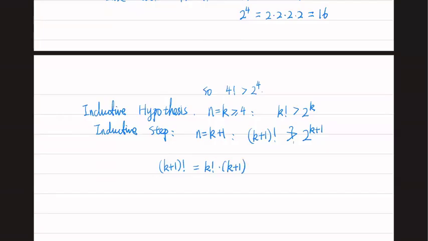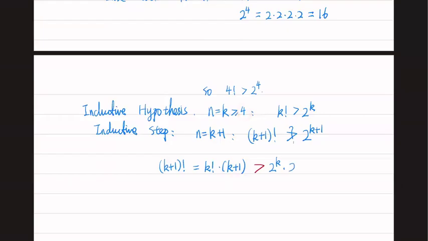Okay, then we use the hypothesis. The hypothesis, k factorial bigger than 2 to the k. Now k plus 1 is bigger than 2 because k is bigger than 4.